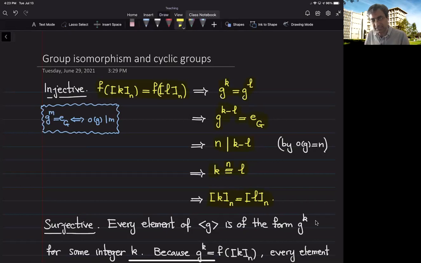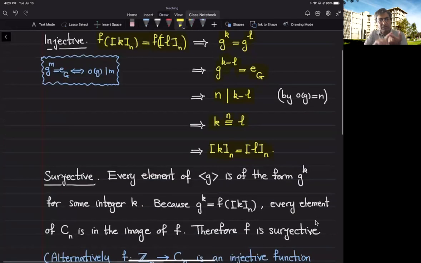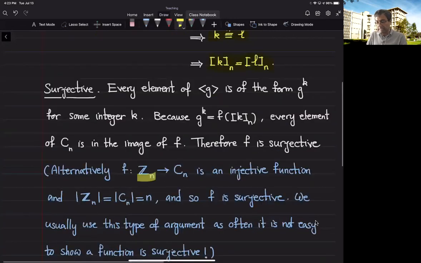Therefore, f is injective. Now, f is a function from Z sub n to C sub n. Both of these sets have cardinality n, and f is injective. Therefore, f is also surjective.